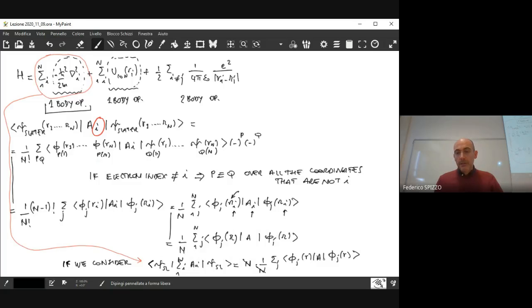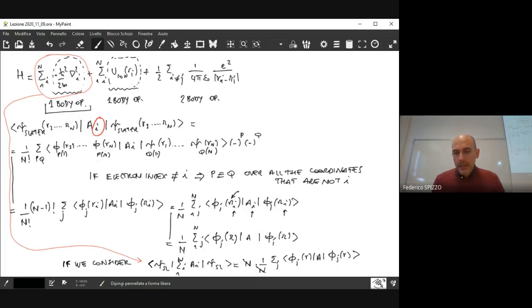So in this picture, this is just the same result we would have obtained in case we consider the single electron picture and not the interacting electron picture. Because if you notice here, you have the expectation value of a one-body operator over a one-electron level.